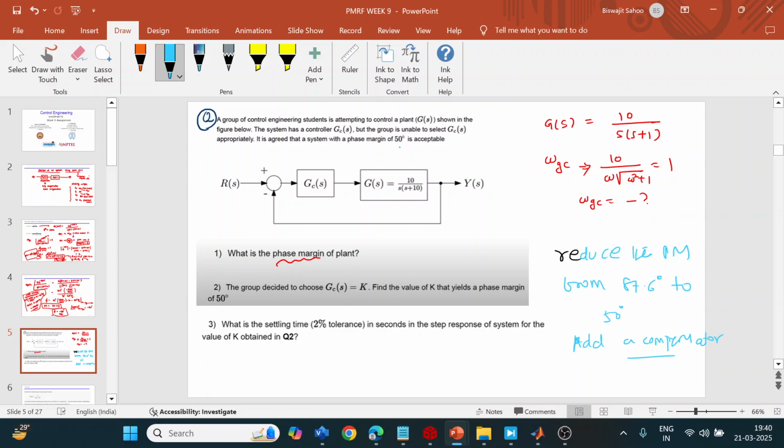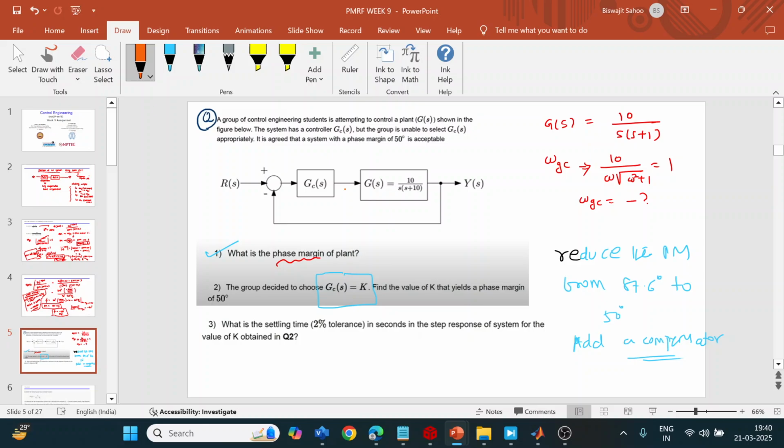But what is the compensator gain? He's asking about that. The first question is done because you already found the phase margin of the uncompensated system. Let's go to the second question. They are telling you to add a compensator whose gain is k. Now what is the plant transfer function?